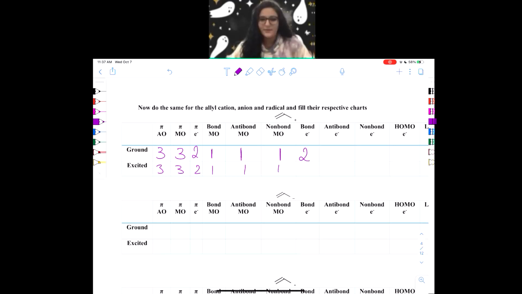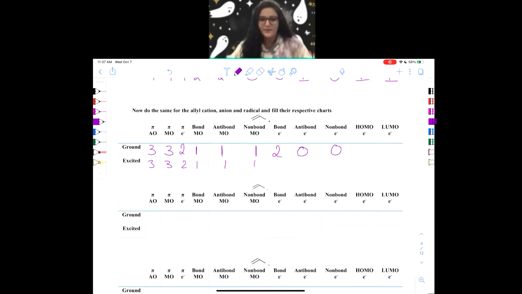And then how many are in antibonding? 0. How many are in non-bonding in the ground state? 0. How many are in the HOMO in the ground state? 2. And in the LUMO? 0.